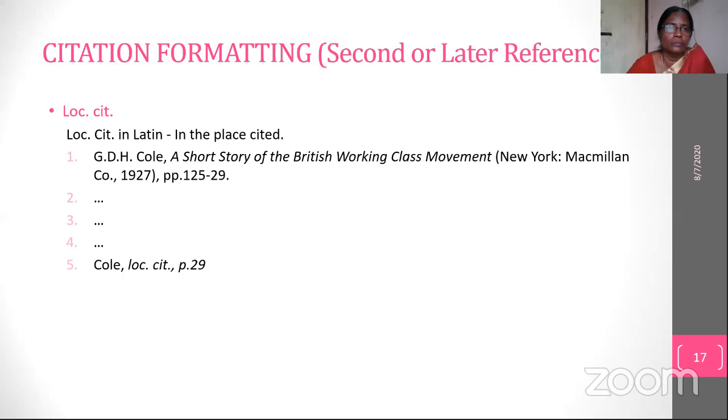So there is no need to add almost all the things. You can even avoid the initials, only the name of the author. That is enough. So for second and later references, we have to apply three methods: ibid., op. cit., and loc. cit.